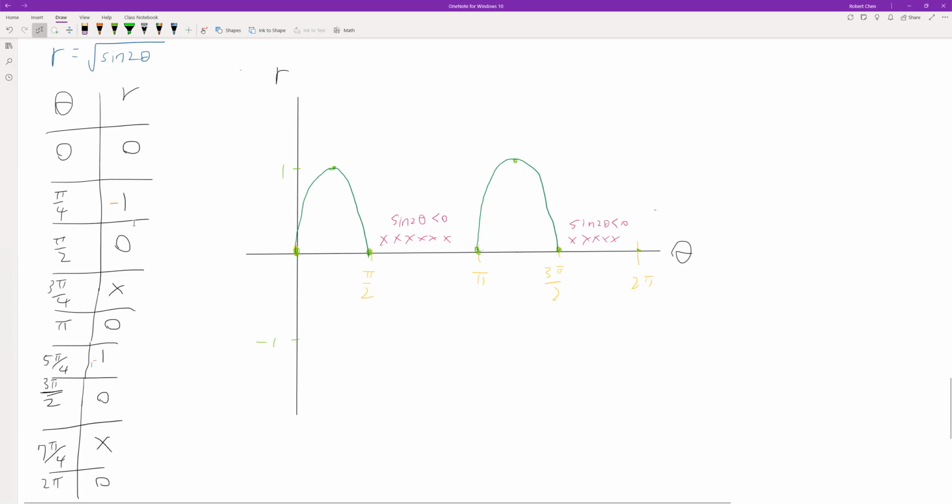So 1 becomes negative 1, 0 will stay 0. And for negative r, or I should say negative sine 2 theta, all we need to do is change all the 1s to negative 1. So the graph will be actually symmetric to this. It's just going to be on the bottom side like that.